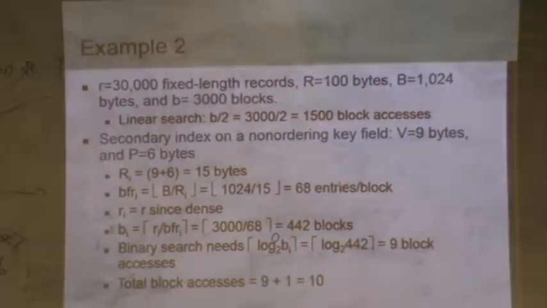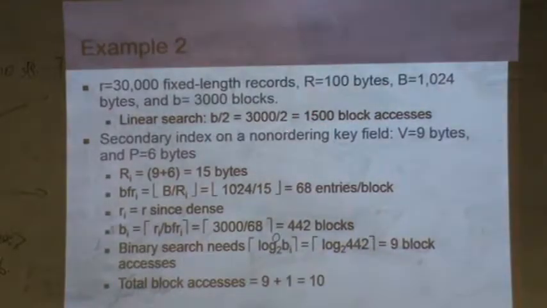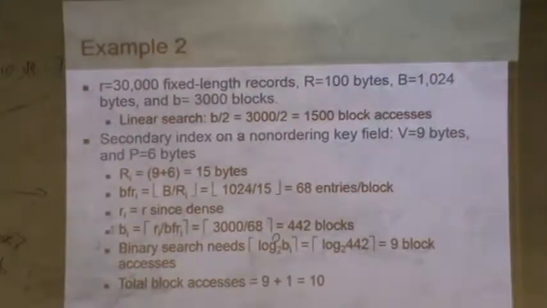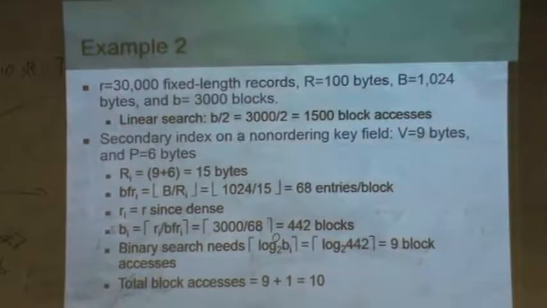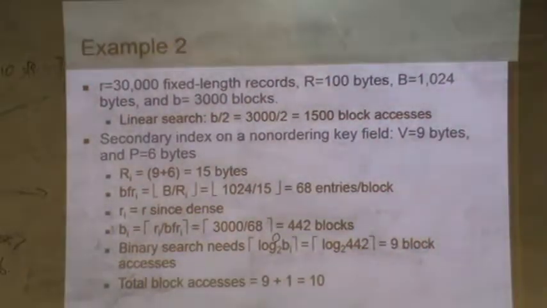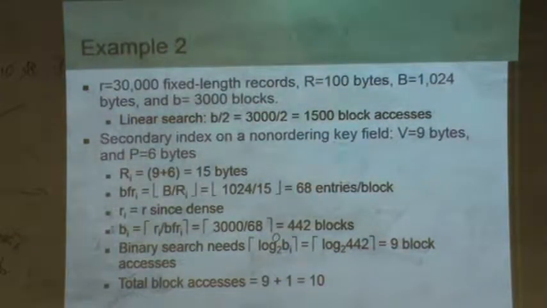In this case, 10 is much faster than 15,000, right? Is it true the index is always fast? Yes or no? It's no. Many of the developers, database programmers, database designers believe that indexing is faster.